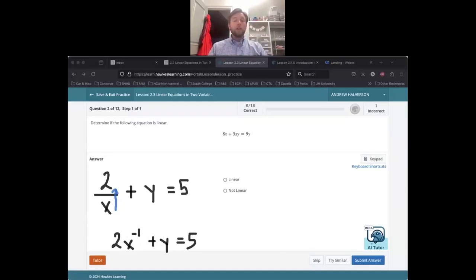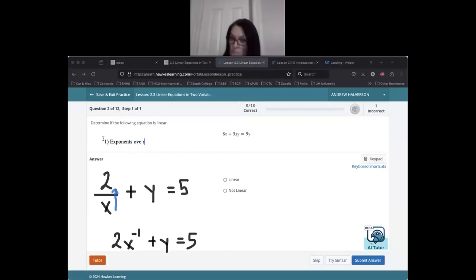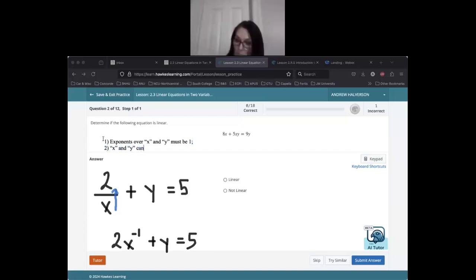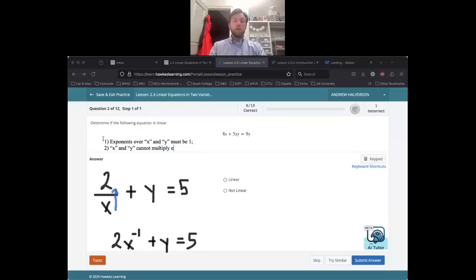So what's the third condition? Remember, the exponents on x and y must be 1. X and y cannot multiply each other, and neither x nor y can be in the denominator.